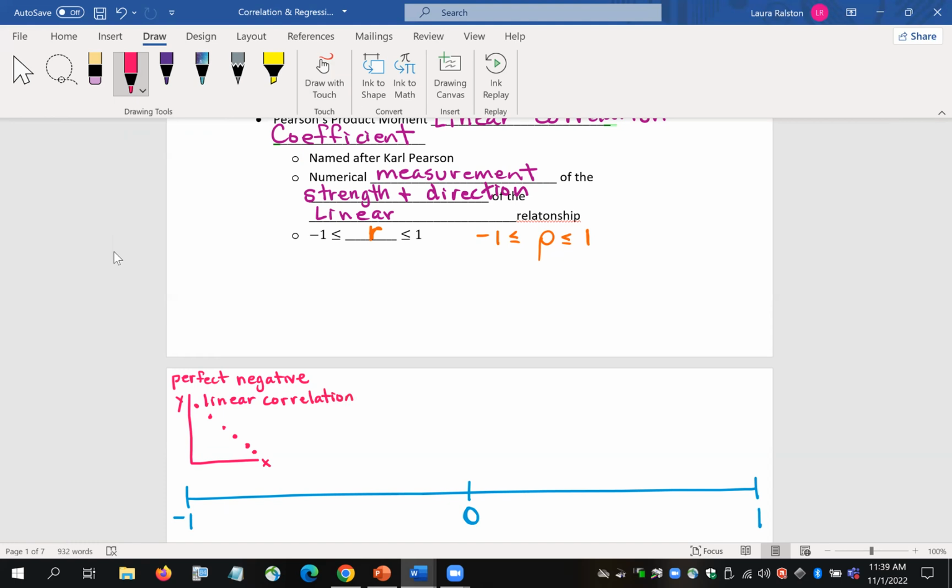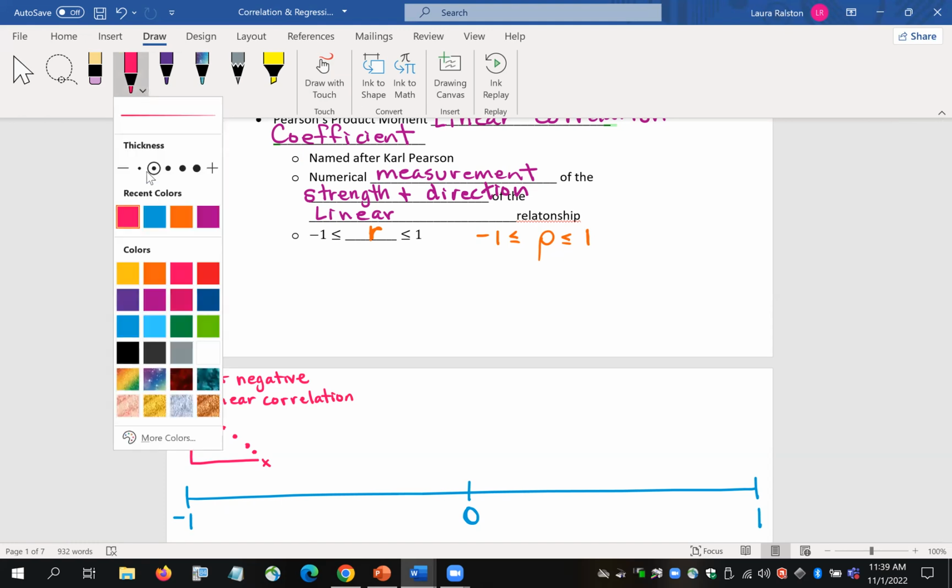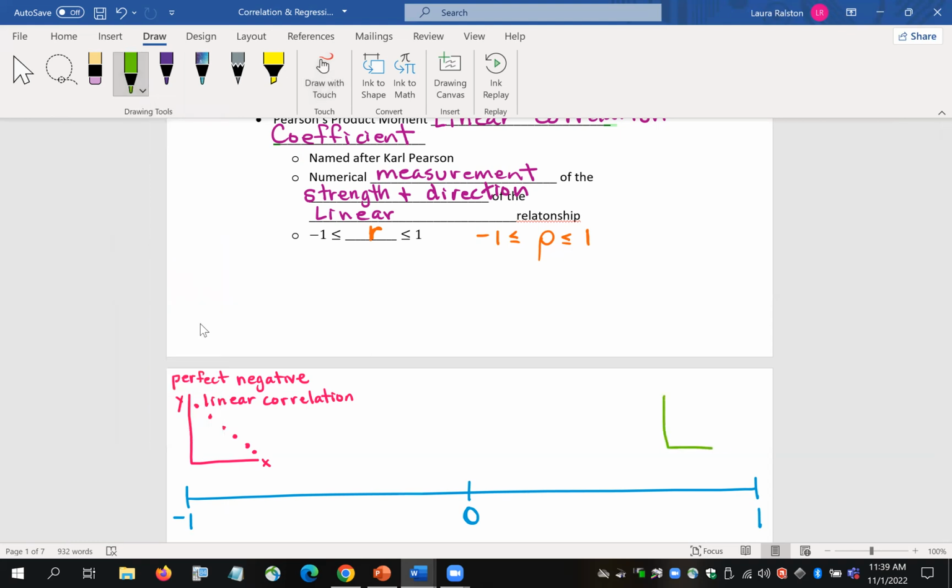Again, your dots or your data would appear to be in almost a perfect straight line and would be going down as you moved left to right. If you were at +1, again, you would have the dots in almost a perfect straight line, but they would appear to go up as you move left to right. So that would be a perfect positive linear correlation.